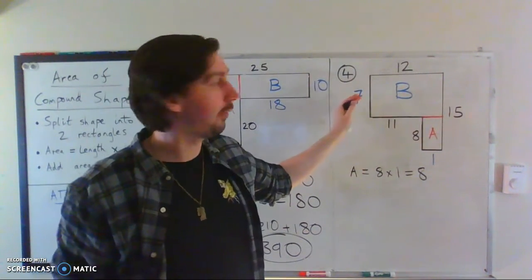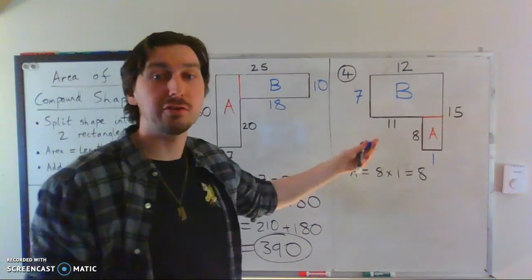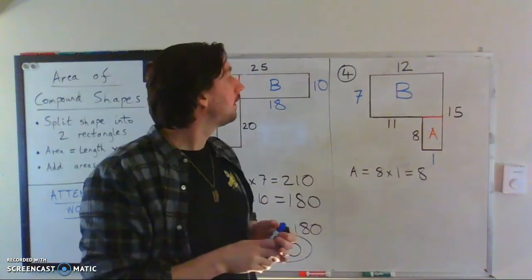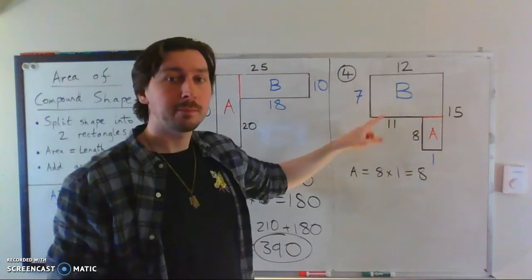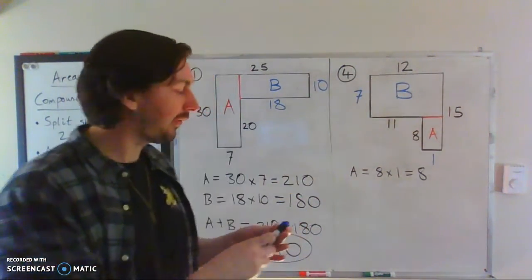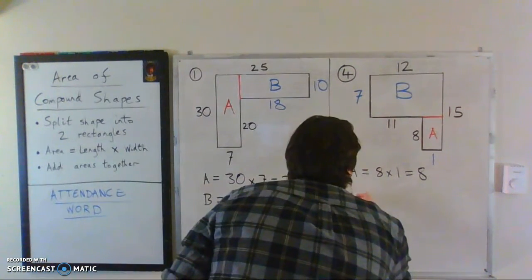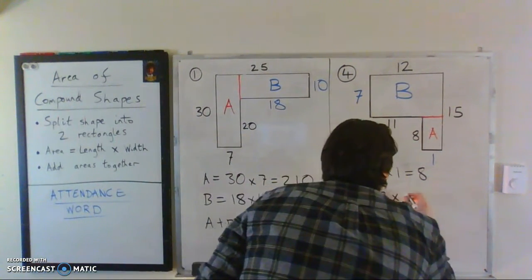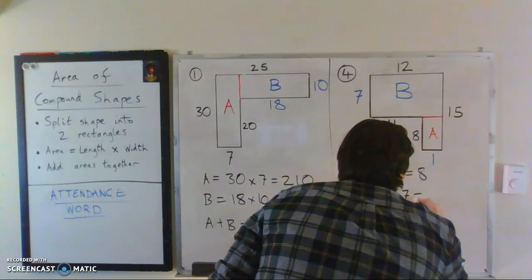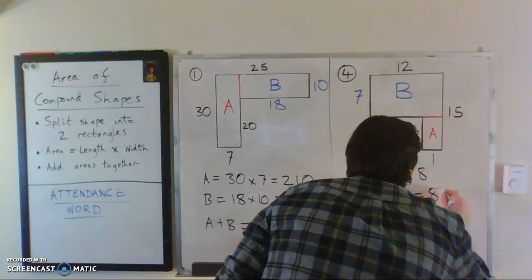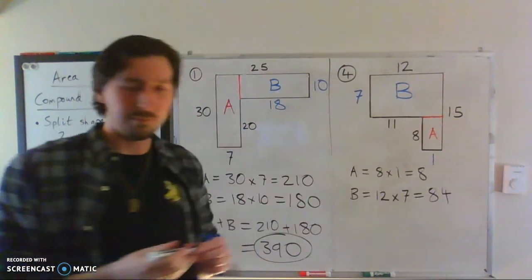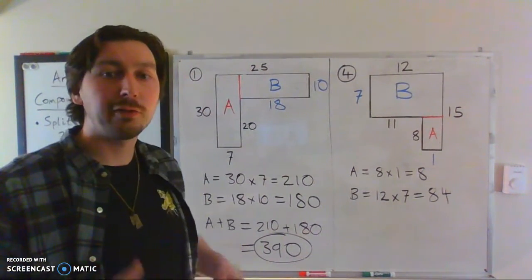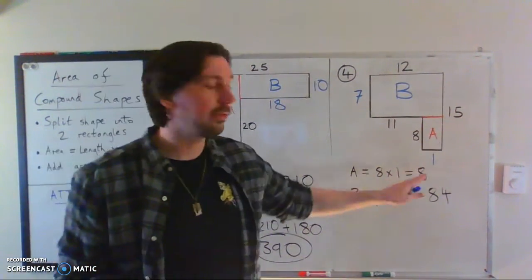Anything I've done in color, like blue or red, is something I've changed or added in there. So now I've got 12 times 7, which is 84. And just to get the final answer for the whole thing, I add these two together.